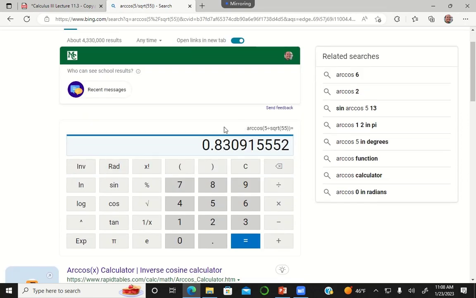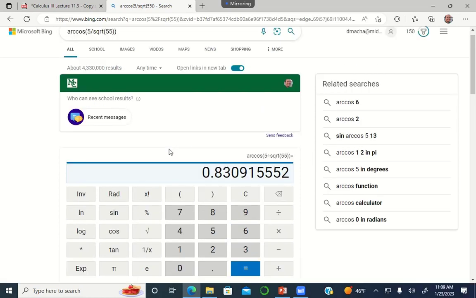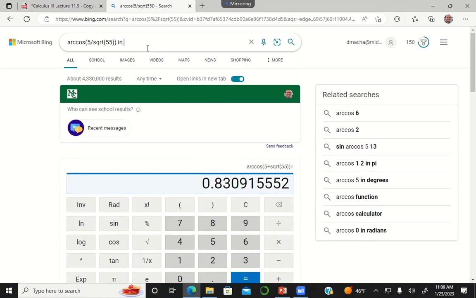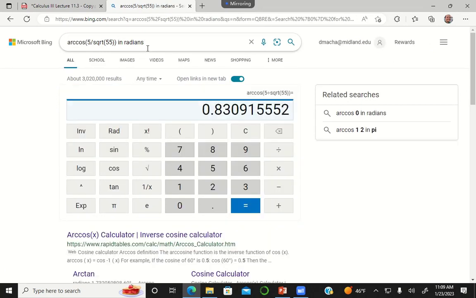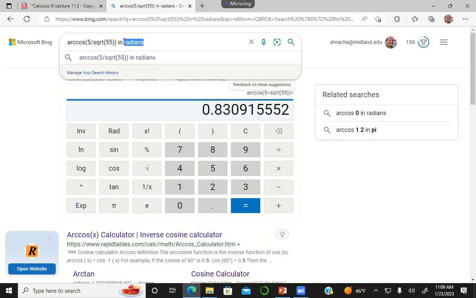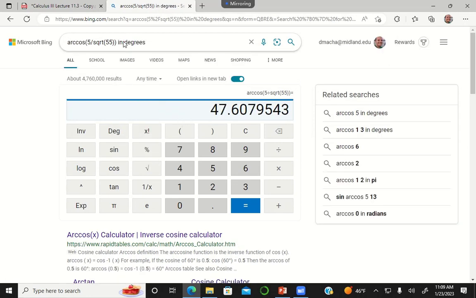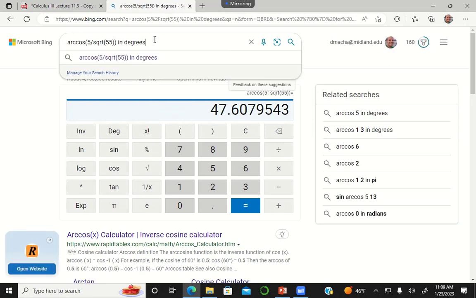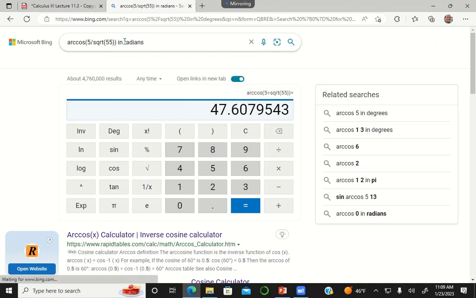And you would want to make sure that you're either looking at degrees or radians, and you want to keep that straight in your head. I want to say that this is probably in radians. Yeah, that's probably it. Let me see if it changes whenever I say in degrees. Yeah, okay. So this is about 48 degrees, or 0.83 radians.